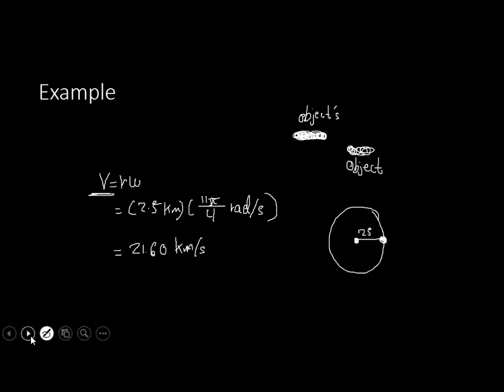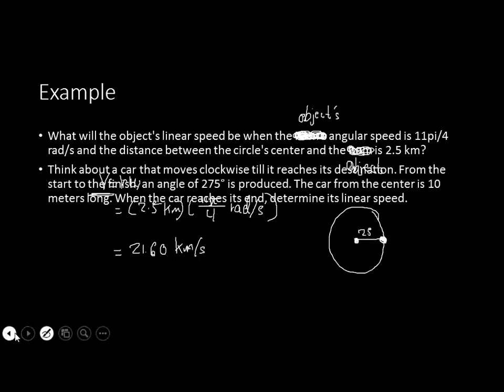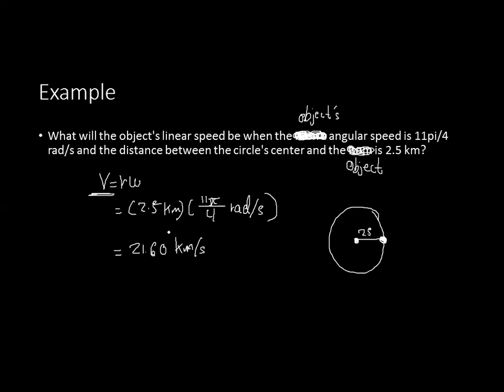Now for the linear speed, if you recall, it's basically length divided by time, right? So distance traveled, but the distance traveled is in arc length. So it's s all over t.